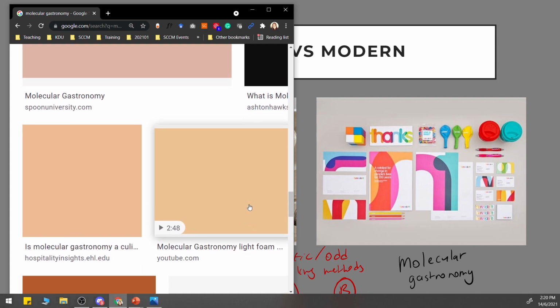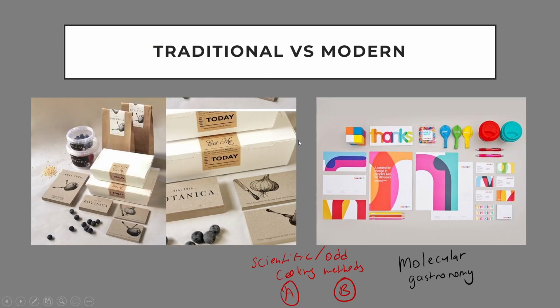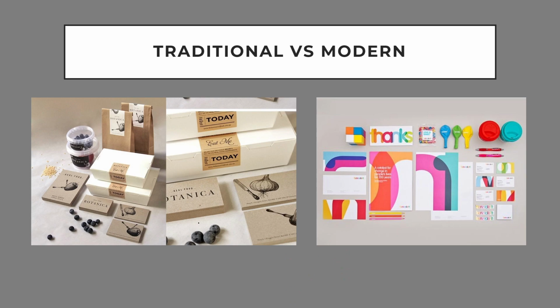Okay, basically between A and B, which company is more likely to use new and strange methods to cook? Sciencey stuff. B, right? Okay, Kevin and Celine, why do you say B?